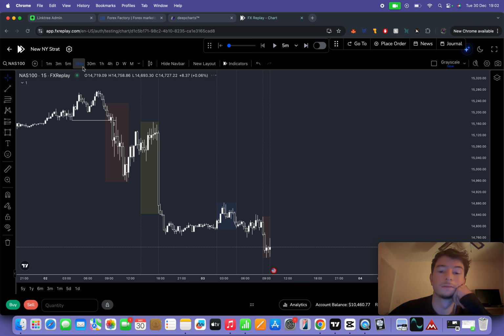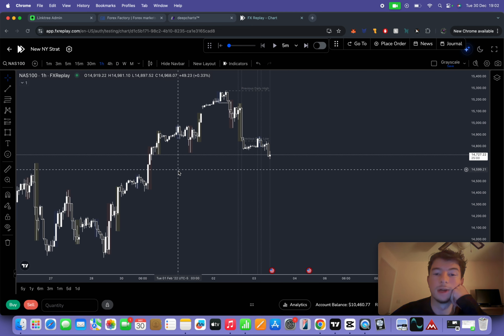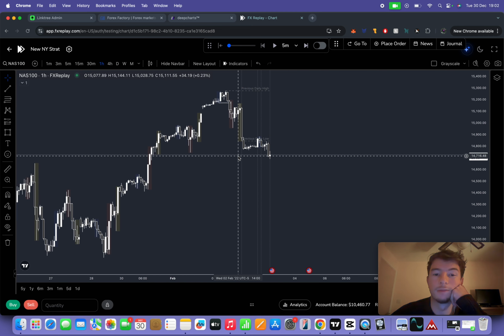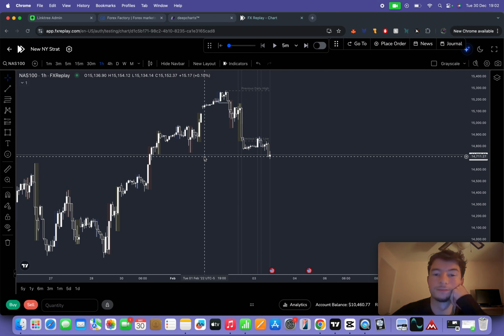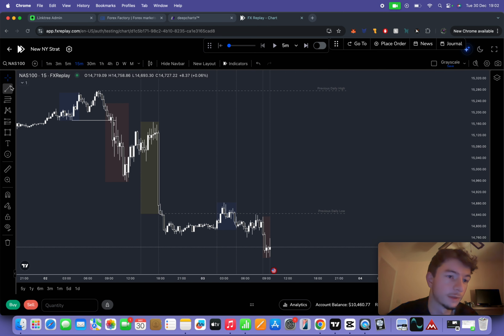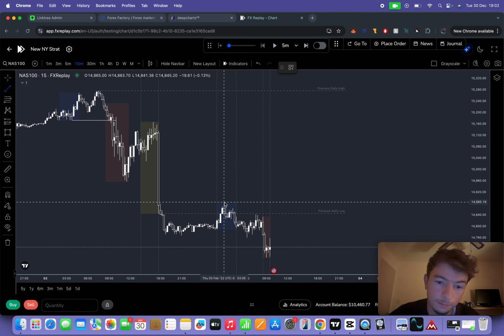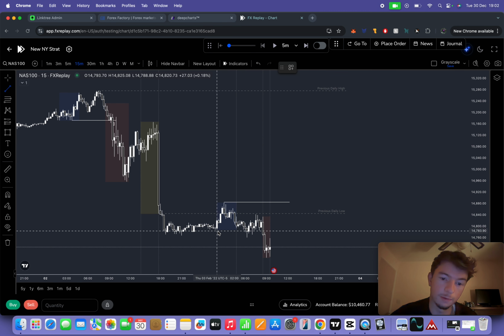Interesting. Imbalances below. Big bearish move down. Strange. London high is above the previous daily low. So still on here for the model.